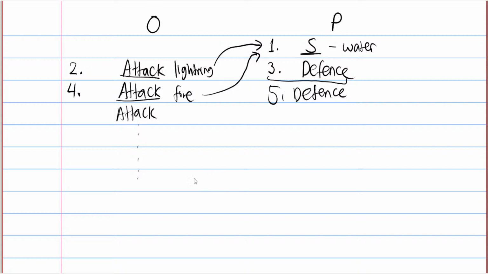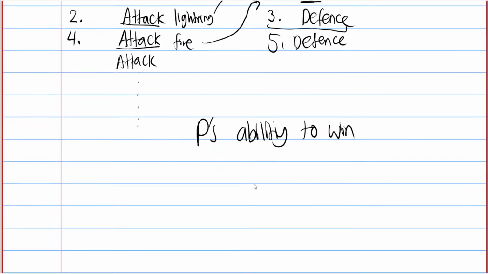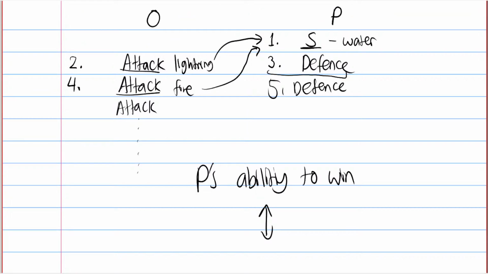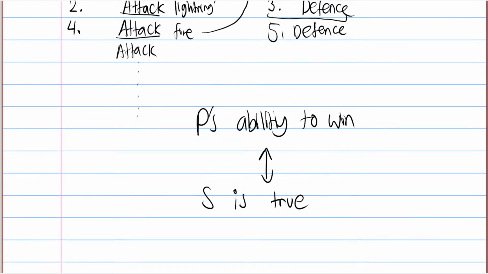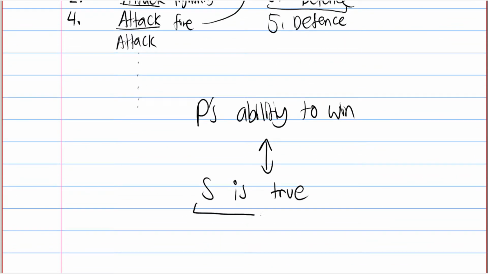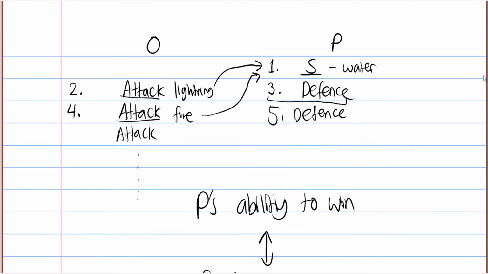P's ability to win corresponds to the fact that S is true. Right? So instead of proving that S is true, we can just show that P has the ability to win the game.